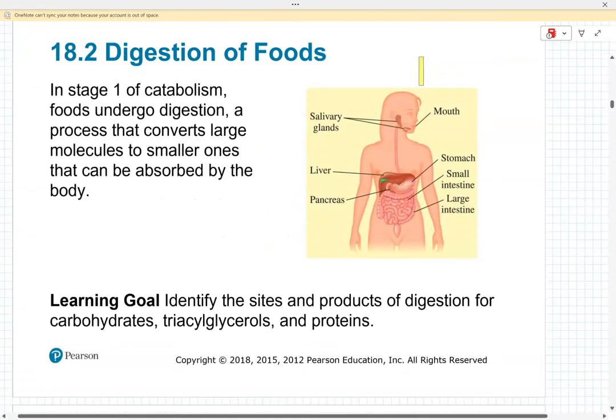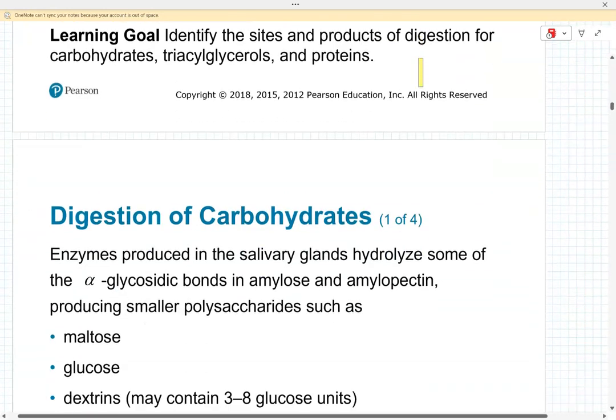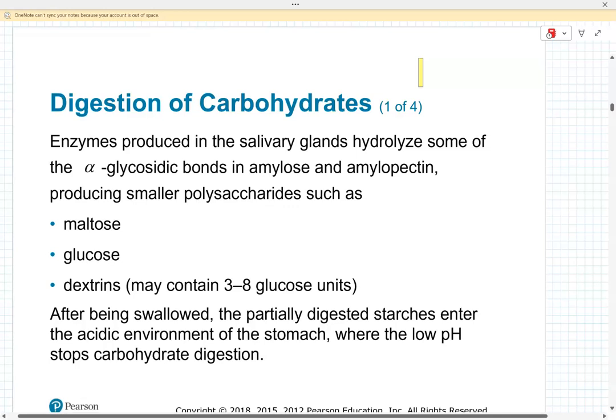So now we're going to chat about the first stage of catabolism, the digestion stage. And when we digest carbohydrates, enzymes break down starch, break down glycogen, producing glucose, maltose, and dextrins.